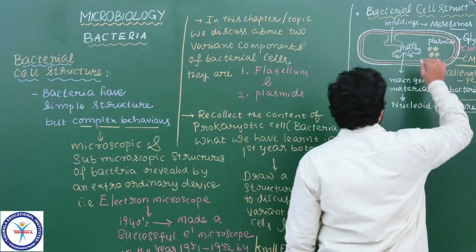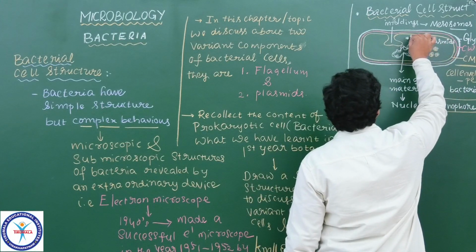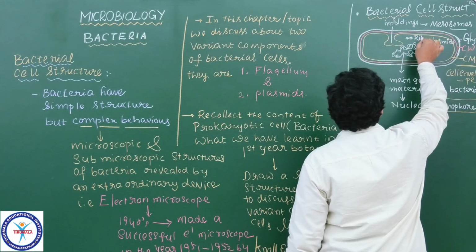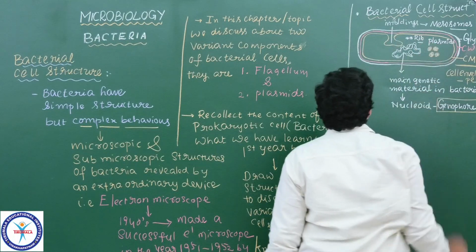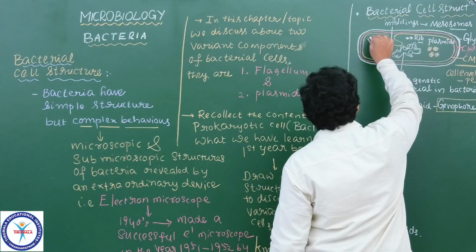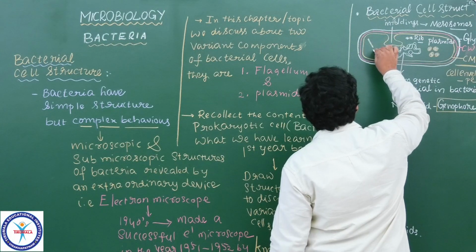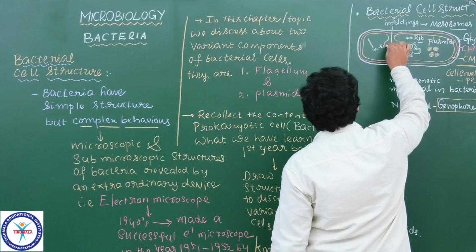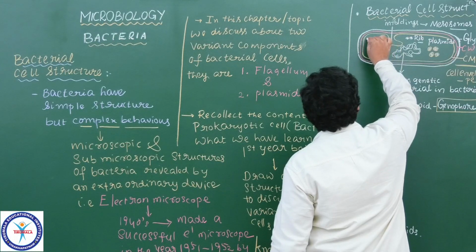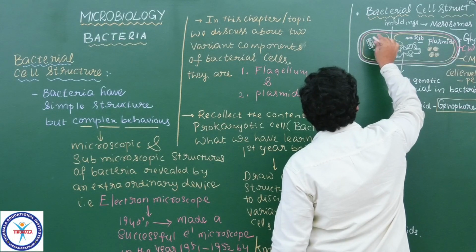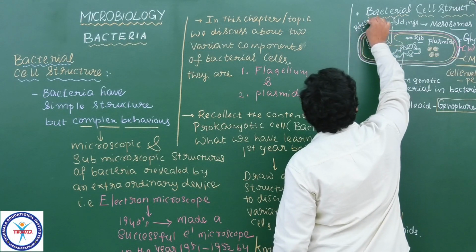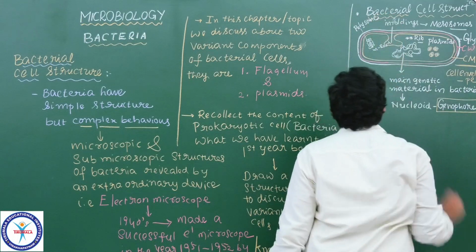Nearby the plasmids we also observe some ribosomes, where the process of protein synthesis is performed. Some ribosomes exist on a string-like mRNA, in a string-like structure. It is called a polysome. You know very well, we already discussed polysome.